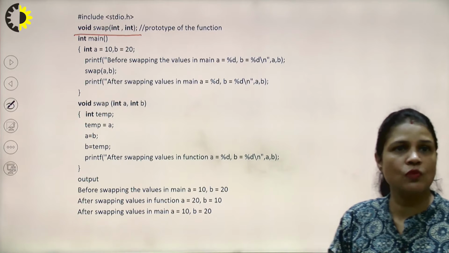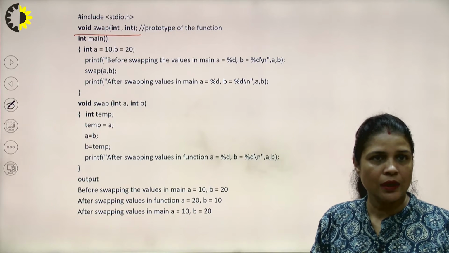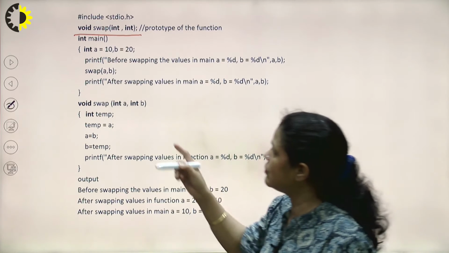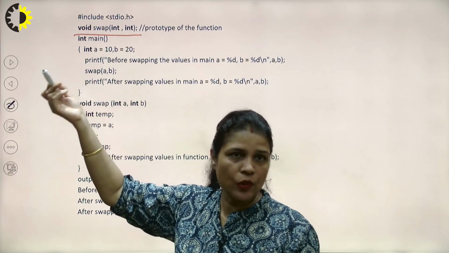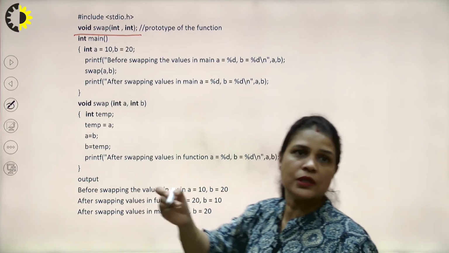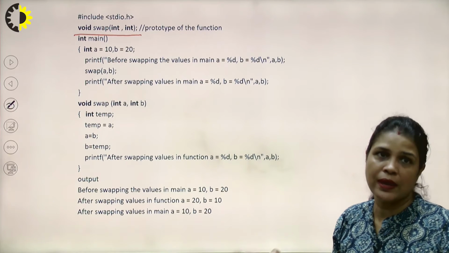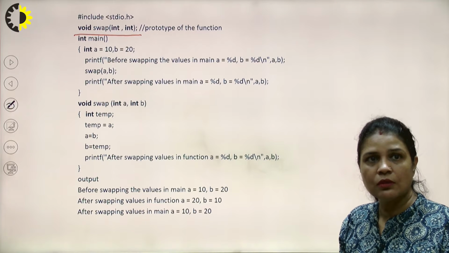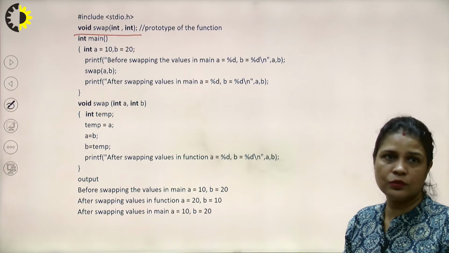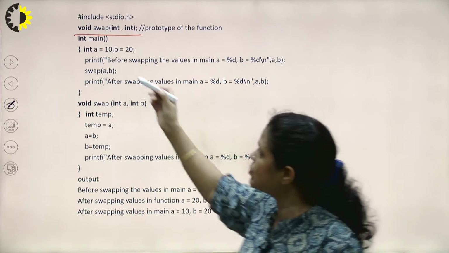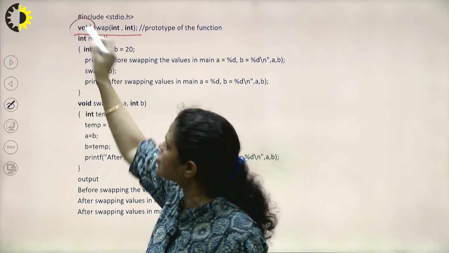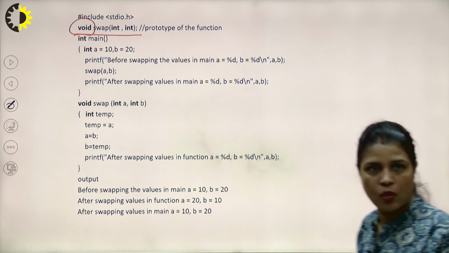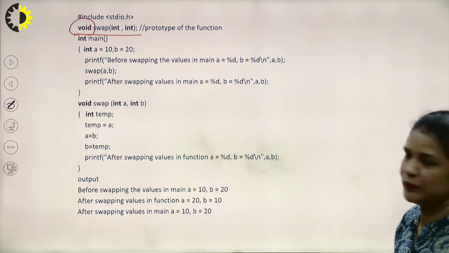Our function will not return any value because a function can return a single value at a time, but here we are swapping two numbers, so we cannot return two numbers. So what should be the return type of this swap function? The return type should be void, right?